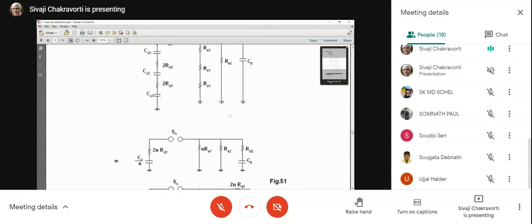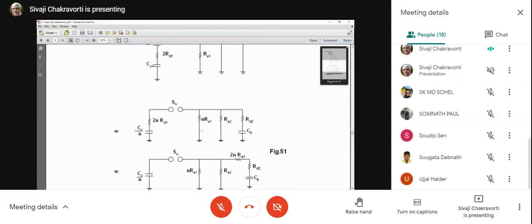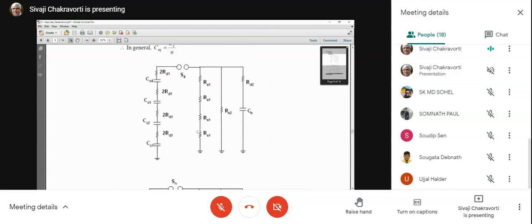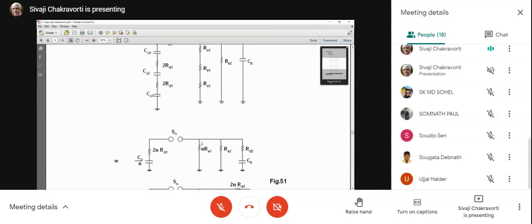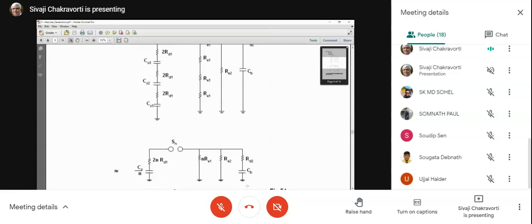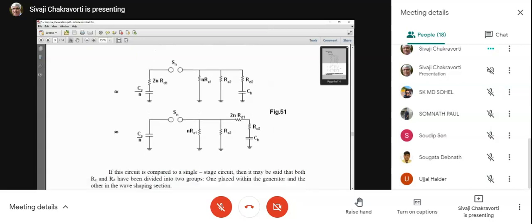So this is the equivalent for CS in parallel, in series. They become CS by N, where N is a generalized number. Then 2RD1 into N, N is the number of stages. So 2NRD1, then SN, that means the gap at the nth stage. Then NRE1, but RE2, RD2 and CB, there is no N. They are single values.